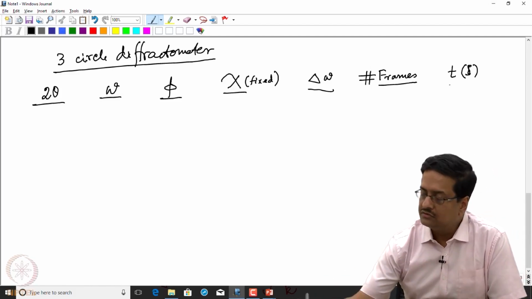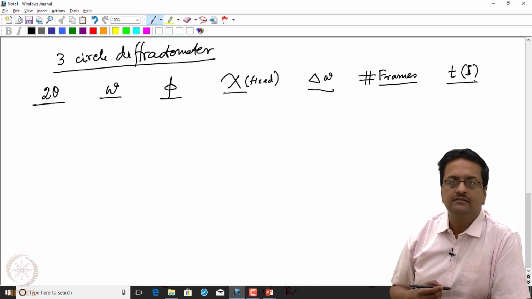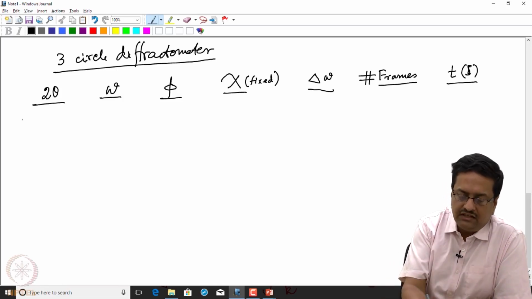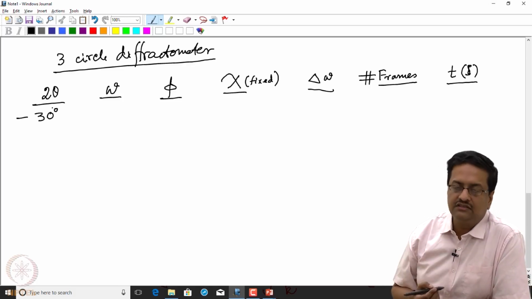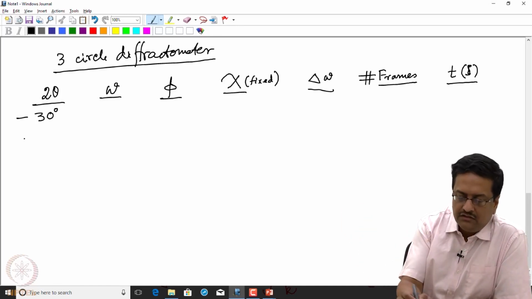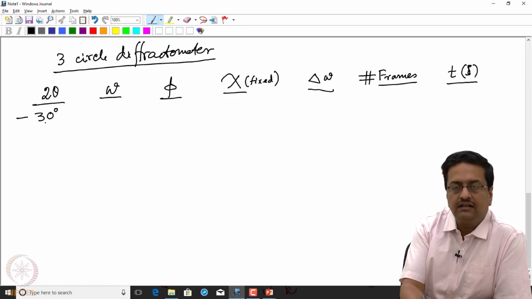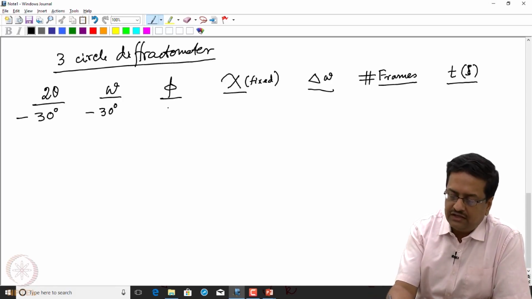is also indicated here. As I indicated already, in case of a 2-circle diffractometer, if we place the detector at about minus 30 degree or plus 30 degree, it records data up to plus 60 degree or minus 60 degree. So with the detector at minus 30 degree, we start omega also at, suppose, minus 30 degree. We start phi at 0 degree.